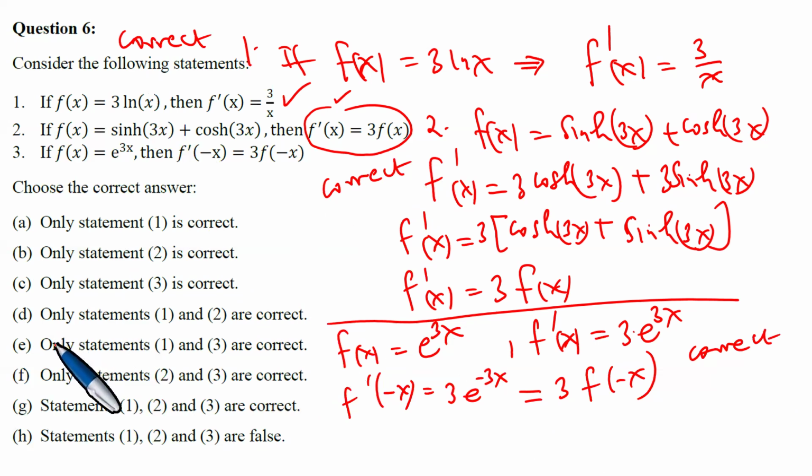And with correct, correct, correct, it means, therefore, at this point, the correct answer is option G, which indicates that statements 1, 2, and 3 are correct. So we're good, and we sorted that. And we move on to the next point.